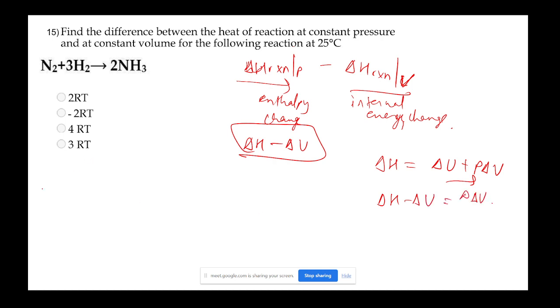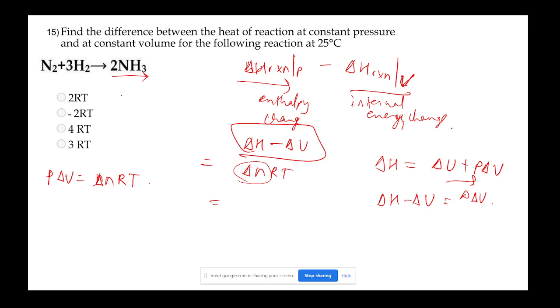Now applying the ideal gas law to find P delta V, P delta V will be delta n RT. So delta H minus delta U will be delta n RT. Here delta n is the change in the number of moles for gaseous species in the reaction.